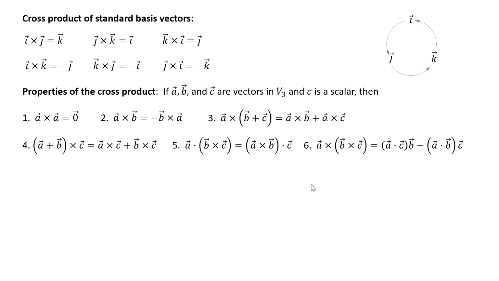The vector triple product A cross (B cross C) is (A dot C) times B, regular times. What?